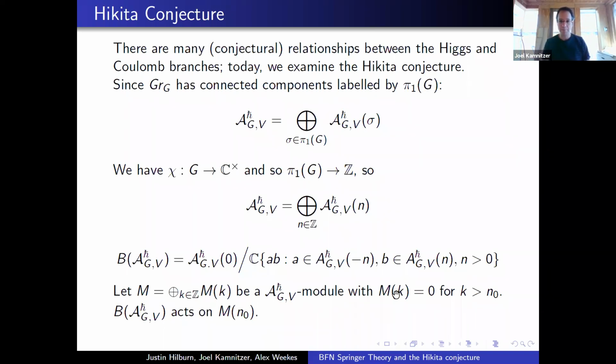Then these modules would be of highest weight. This would be a grading by weight spaces, or a collapsed version of it, and I would be saying that the weight space is 0 for large enough weights. So here I'm looking for modules which for large k have weight spaces equal to 0.